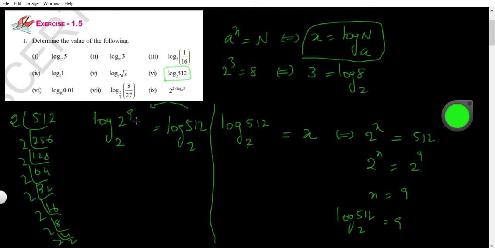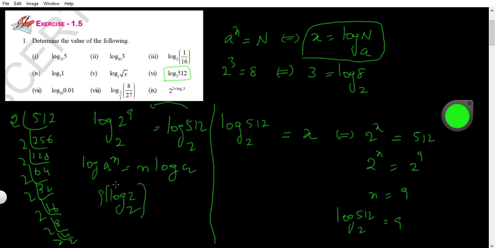By the exponent law I explained, logarithm of a to the power n is always equal to n log a. By this formula you can write 9 times logarithm of 2 to the base 2.